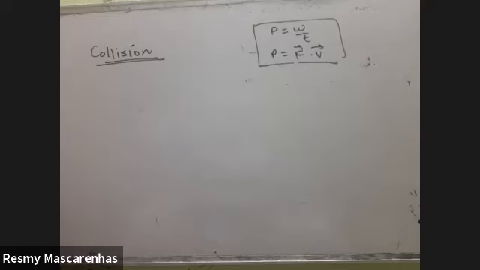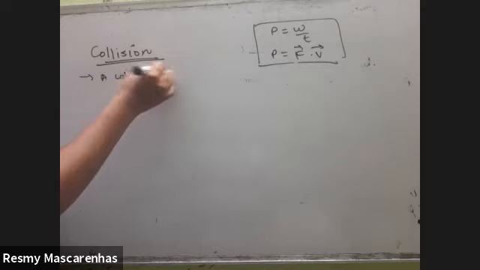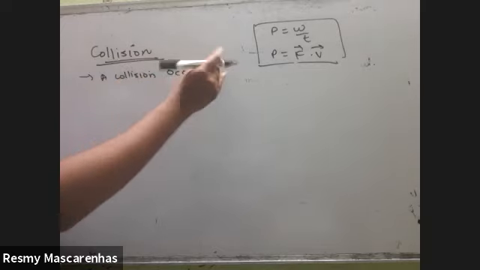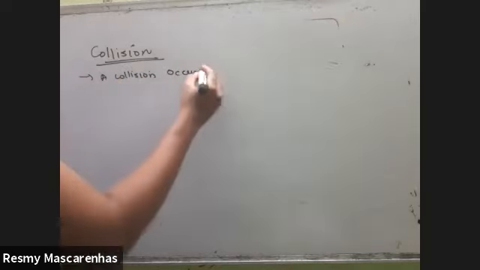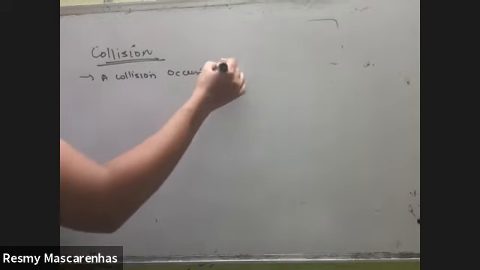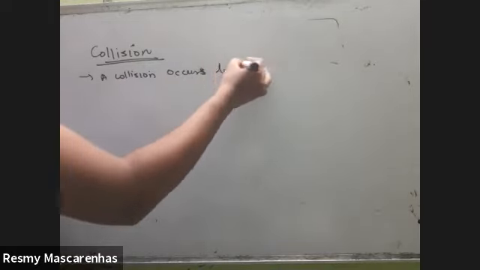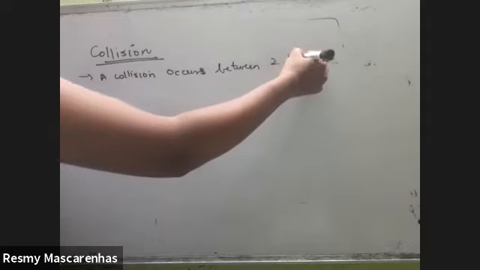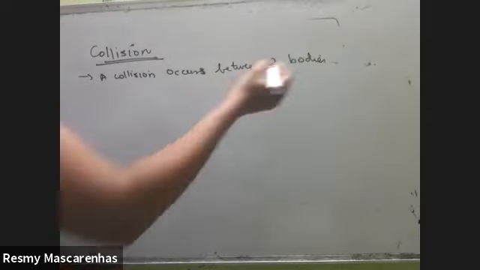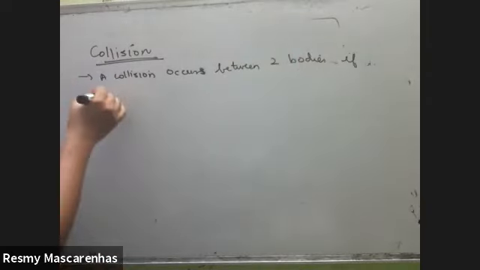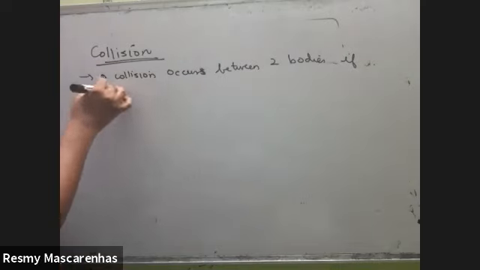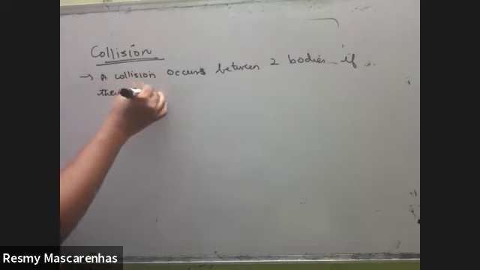So basically, a collision occurs between two bodies if they collide against each other.